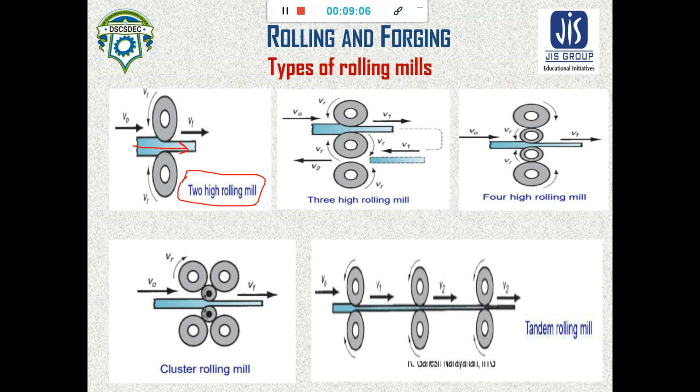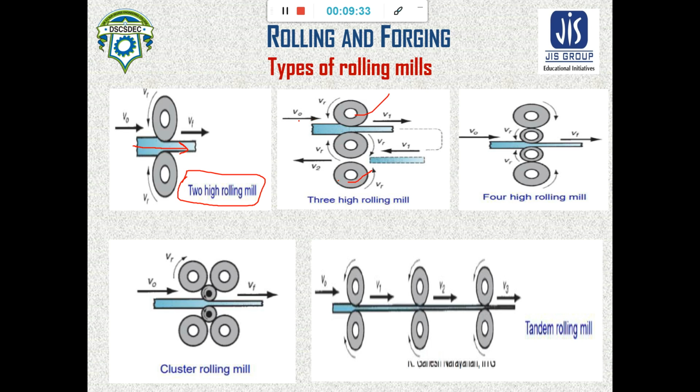Next, there is another setup, that is the three high roll mill setup. For more thickness reduction, we use three rolls. If one is rotating anti-clockwise, the next roll will rotate clockwise and the other will rotate anti-clockwise. That means the first and third rolls have the same direction of rotation.